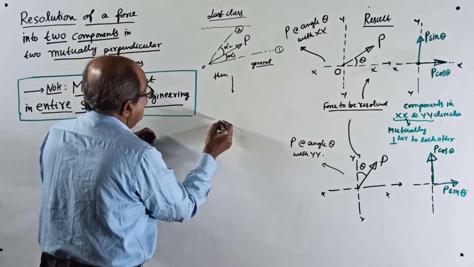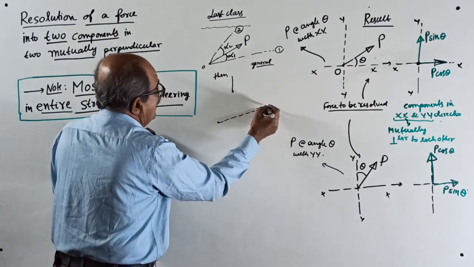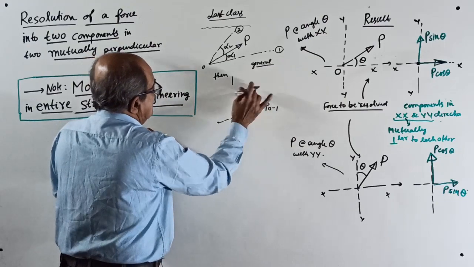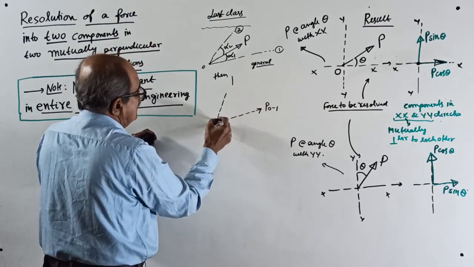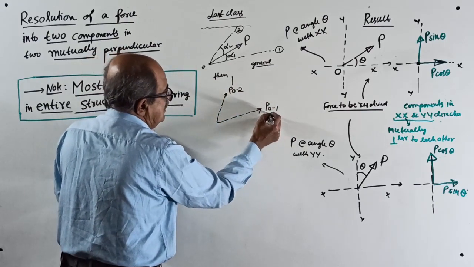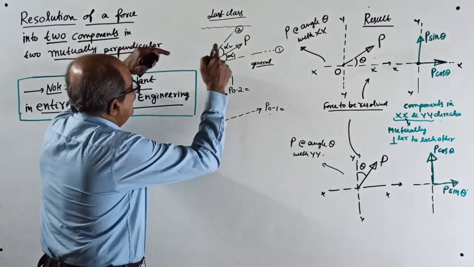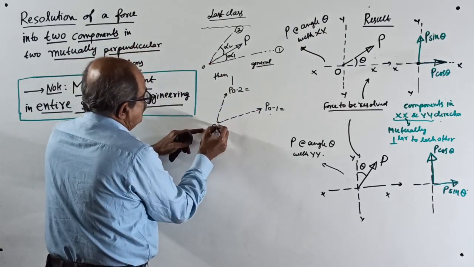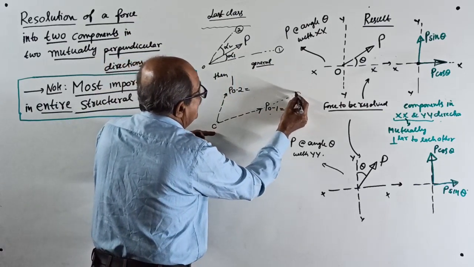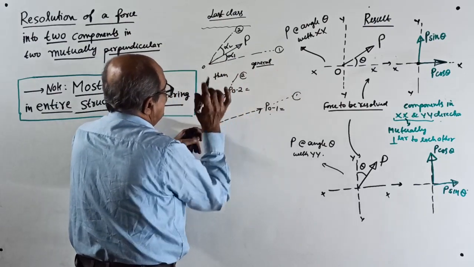Then the components are, I will call component of P along O1 and component along O2. This is the point O. If you want further extension, this is 1, this is 2.